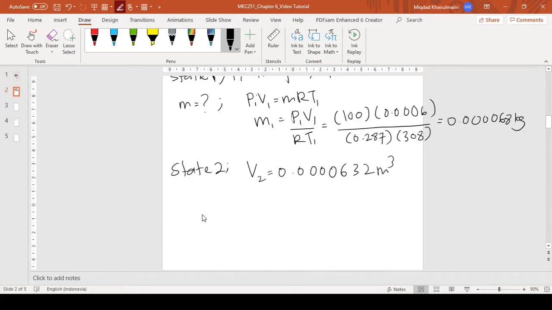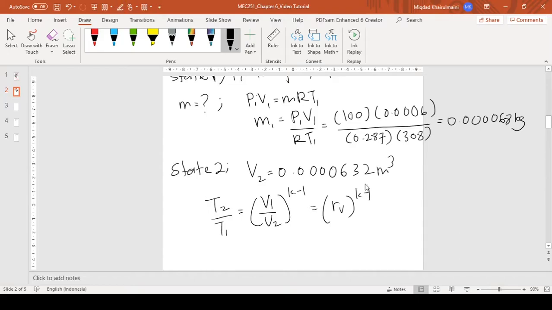Since it's an isentropic compression process, we can use the isentropic relationship equation for gases involving temperature and volume. So T2 over T1 is equivalent to V1 over V2 to the power of k minus 1. V1 over V2 is also the compression ratio rv, to the power of k minus 1.